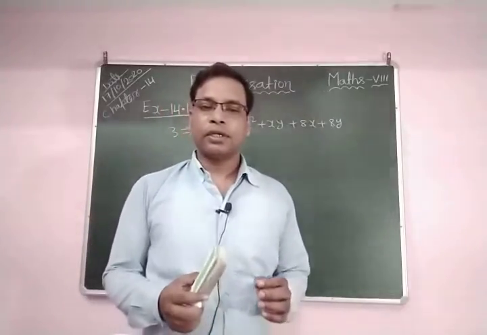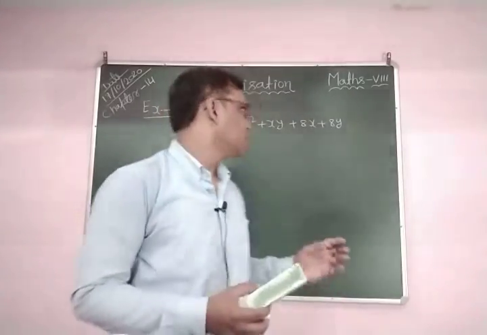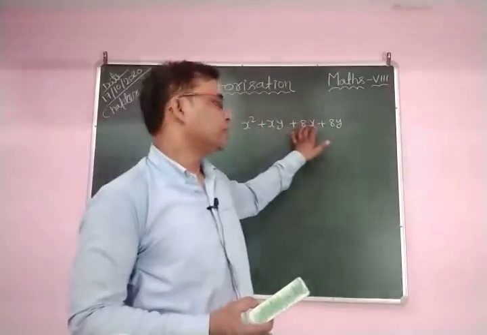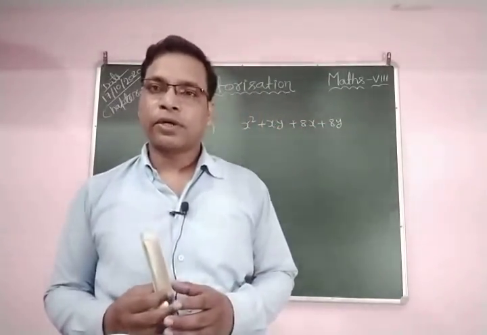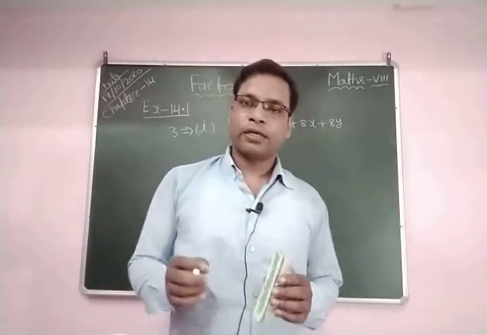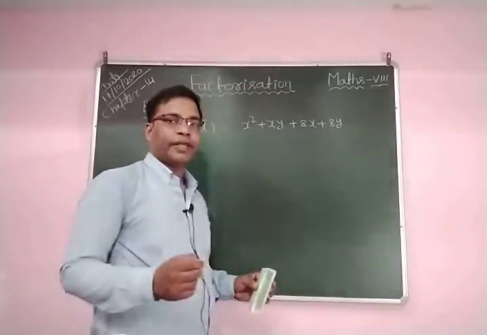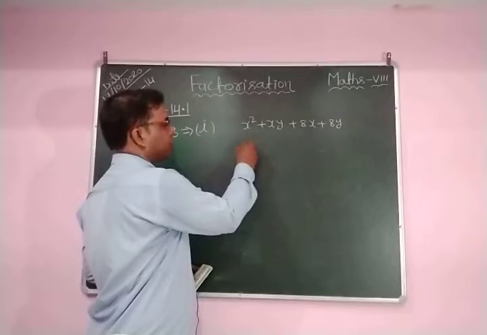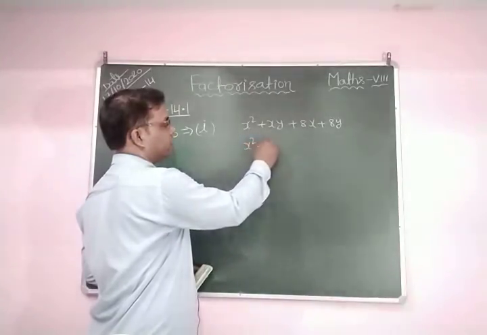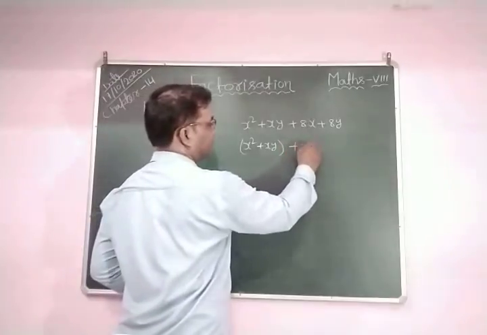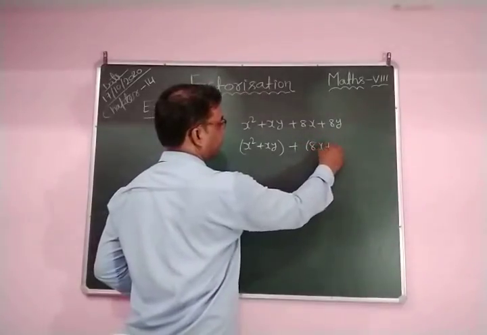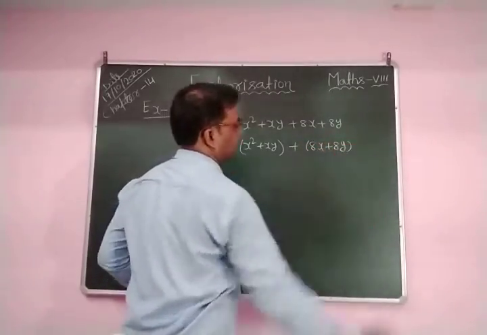First we group it. Here you can see how many terms: 1 term, 2 terms, 3 terms, 4 terms. So first we make groups of two terms, and for this we use brackets. So you can write it as (x square plus xy) in one bracket plus (8x plus 8y) in the second bracket.